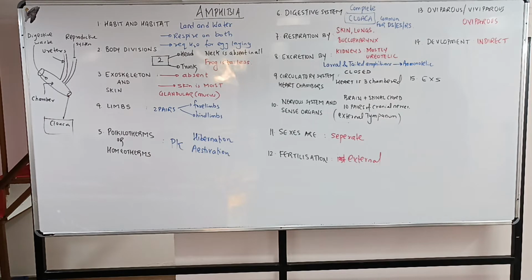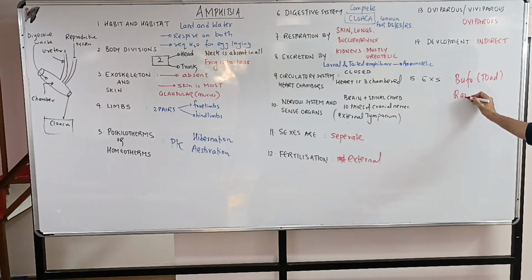The first one, that is Bufo. Who is Bufo? That is toad. I told you the difference between a toad and a frog. Next is what?